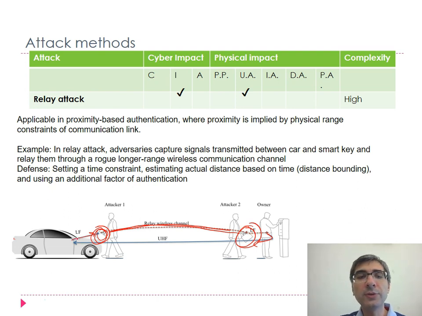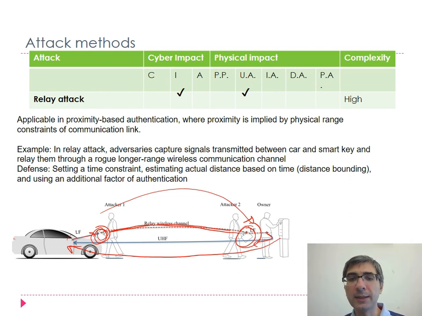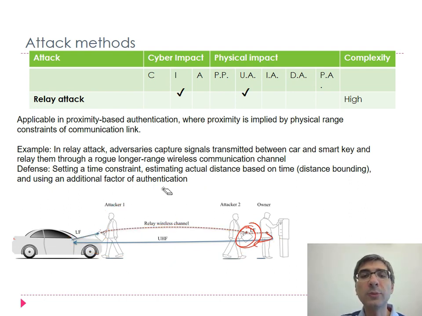So now the information did indeed go from the car to the owner. The car then gets a response, because the response is usually UHF. It's a longer range response. So if that happens, it knows, or it thinks, that it is next to the owner. Otherwise, how is it possible that it communicated with its owner, since it was meant to be short-range communication, and it did in fact happen.